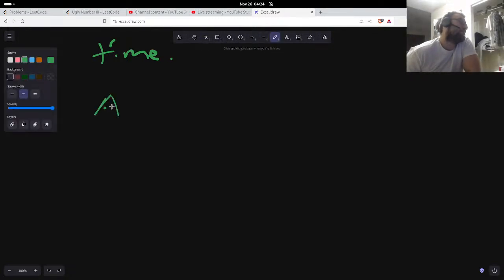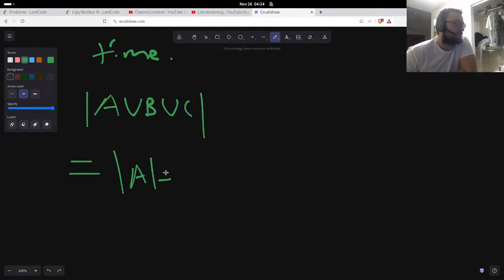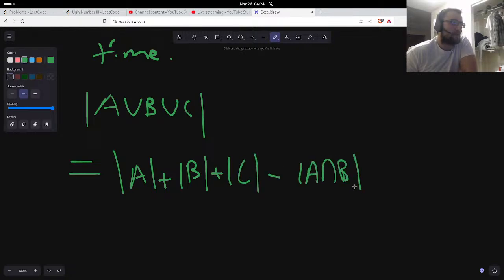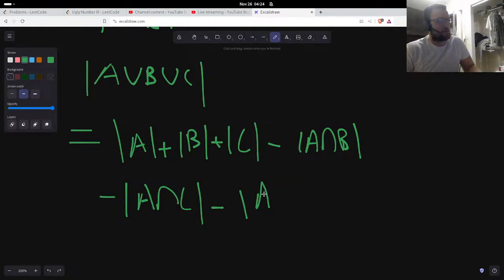we've got A union B union C, size by inclusion-exclusion principle is going to be the sum of A, B, and C minus the intersections, which there should be 3 of them, AB, AC, and BC.